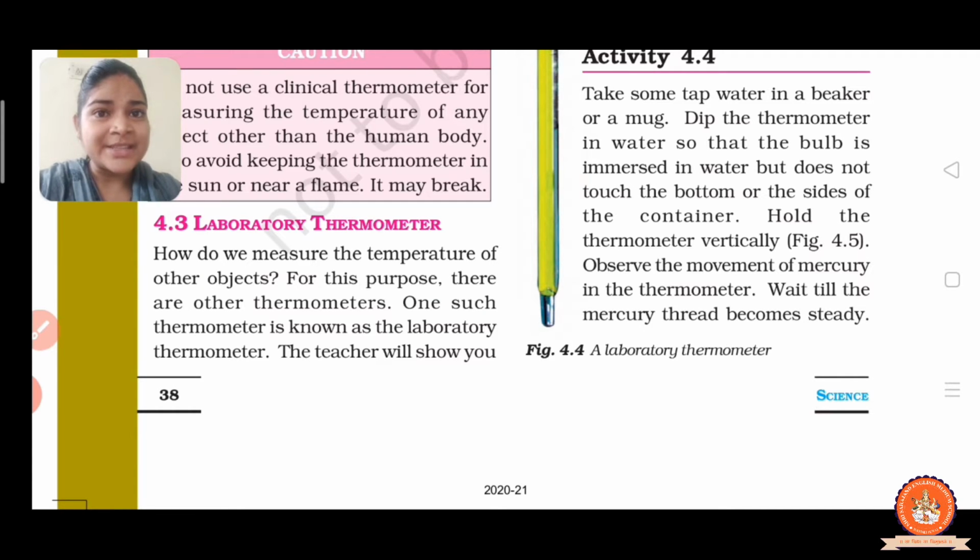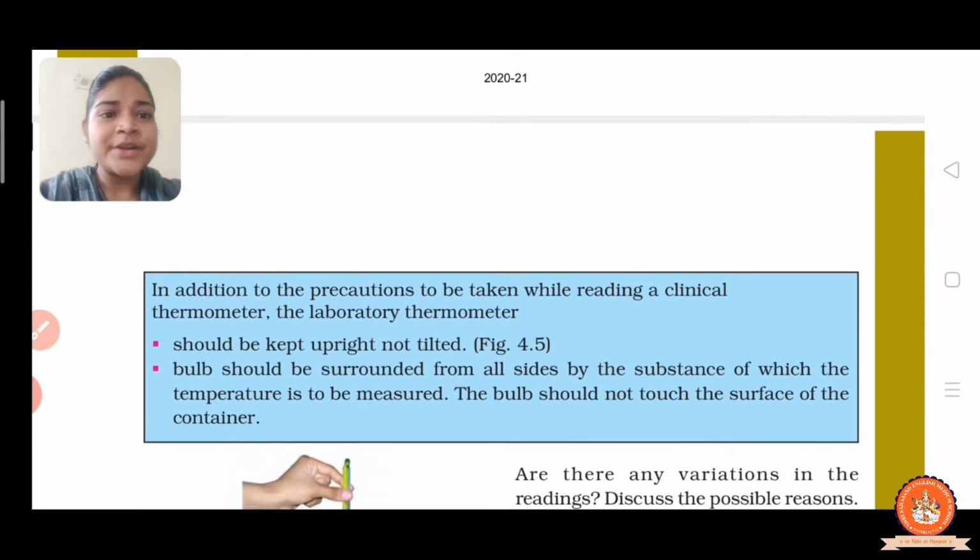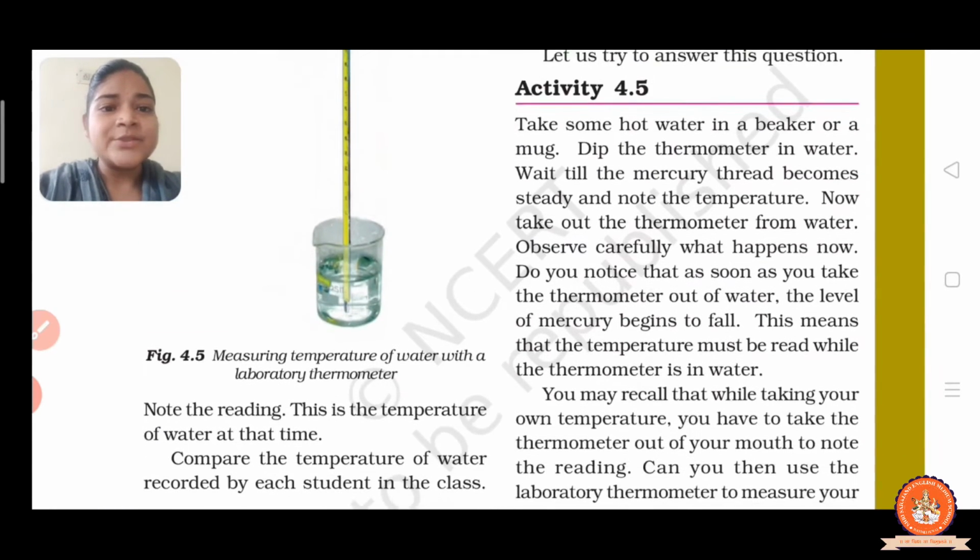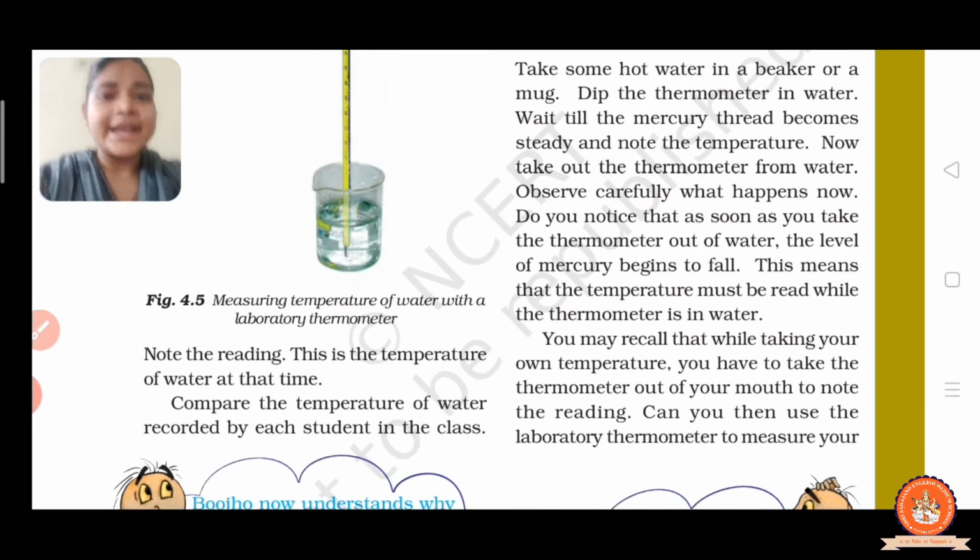You want to take the temperature of the liquid, not the container, right? And always hold the thermometer vertically. Got it?